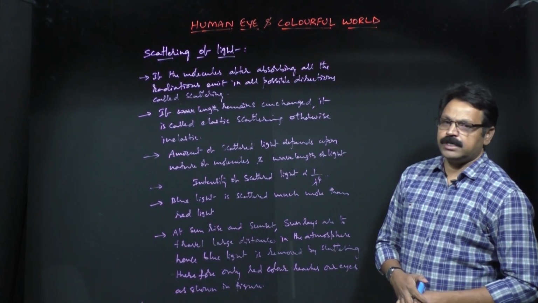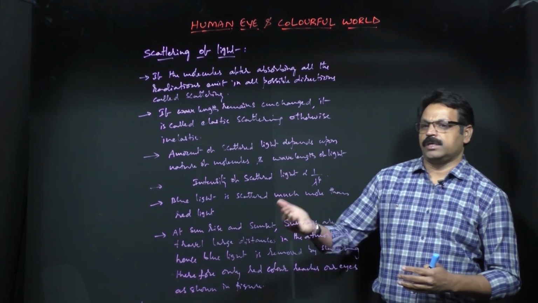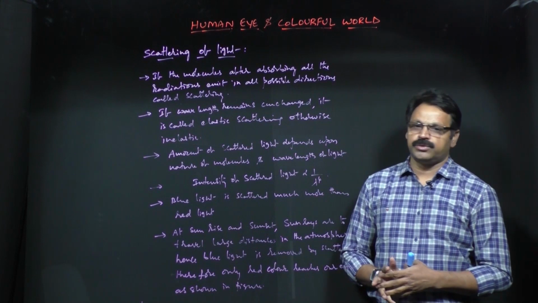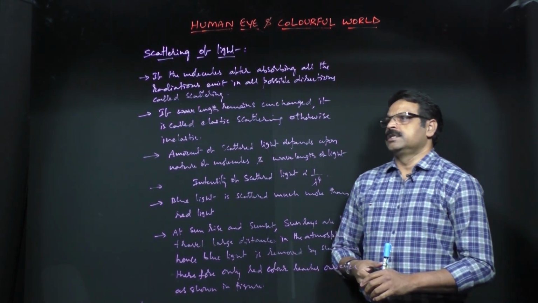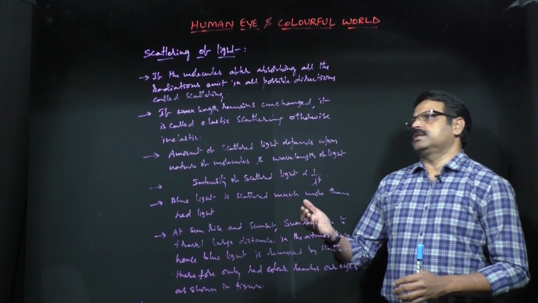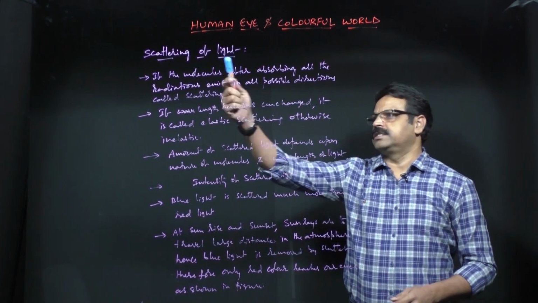So far we have seen how the rainbow is formed. So the formation of a rainbow is due to the dispersion as well as the refraction, I said. Here we will look at the other natural phenomenon of sunlight, that is scattering of light.